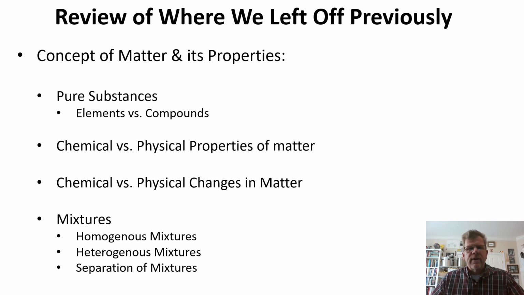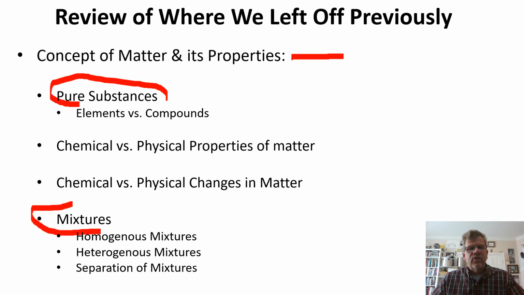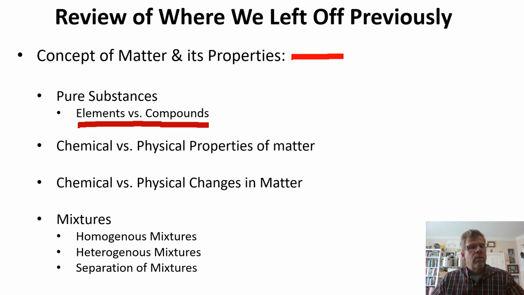Since we're looking at matter and energy, we started with matter, this concept of matter as well as its properties. We determined that a sample of matter can either be a pure substance or a mixture. With respect to a pure substance, it is either an element or a compound, which we defined before.